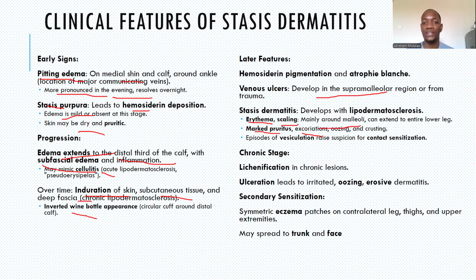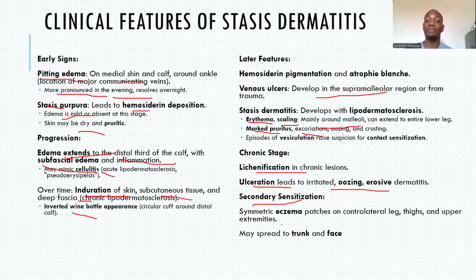Then later on in the chronic phases, you can get lichenification. When you get chronic lesions, they can end up with ulcers. Still, these ulcers will be oozing with erosions because of the scratching. And then you can also get secondary sensitization, where someone now reacts to their own serum that comes from these wounds.